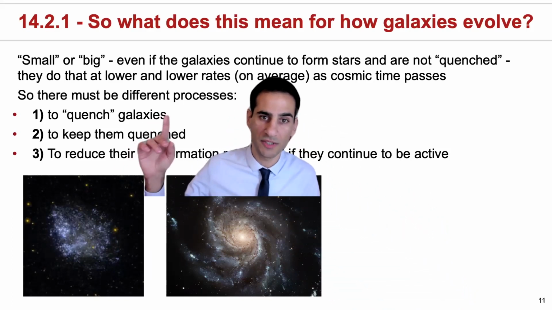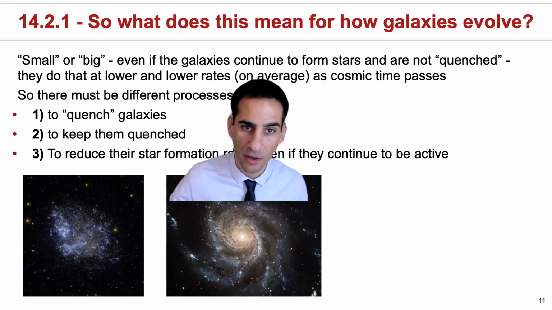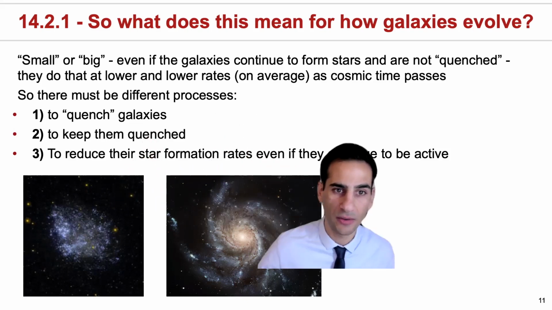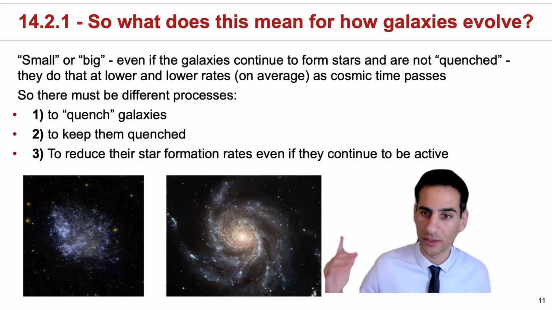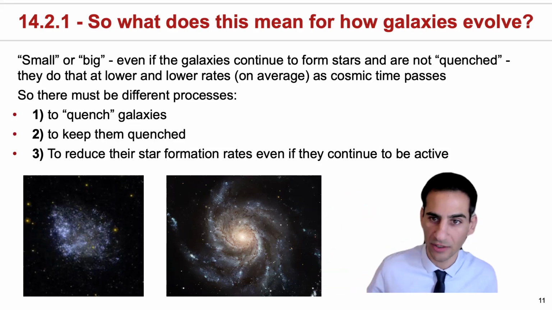On one hand, some processes can lead to galaxies getting quenched, or really stopping forming stars. There are processes that are able to keep them quenched so that galaxies don't come back to life. And also processes, to explain what we've just seen, to reduce their star formation rates, even if they continue to be active.